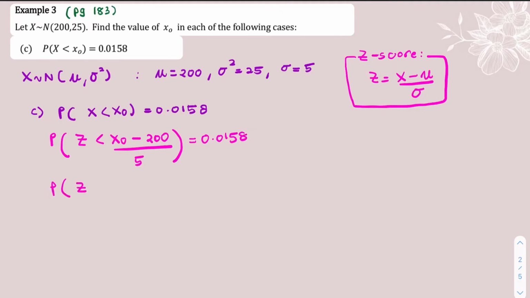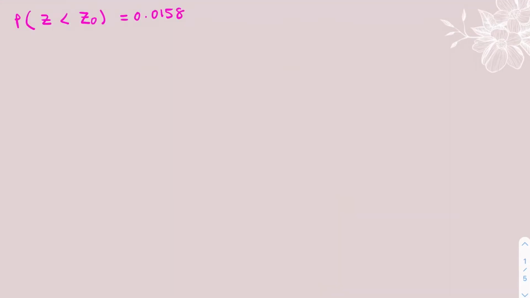Then you can simplify X naught minus 200 over 5 as Z naught.